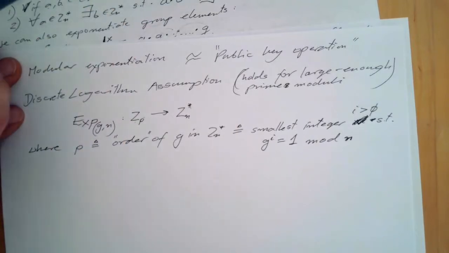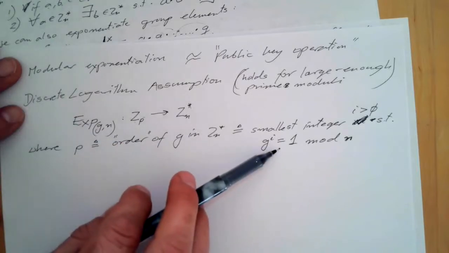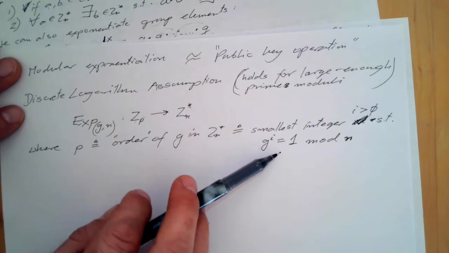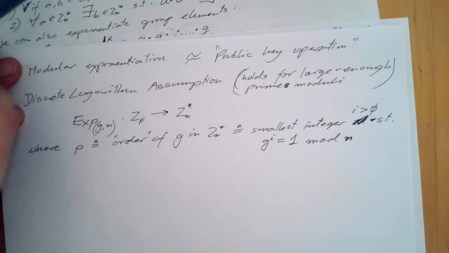So there is some other number that multiplied with this one gives you a 1. And now we talked about exponentiation. Let's say this is your base g. What's g times itself? Some element here. Then you multiply that by g again, and another element, and once again by g. Assume g is 3. What this says is that eventually you will always hit 1.